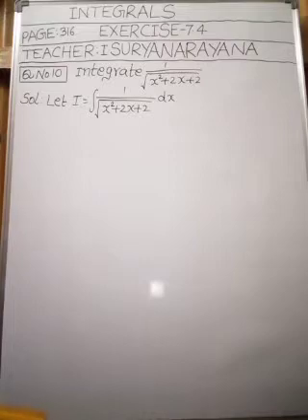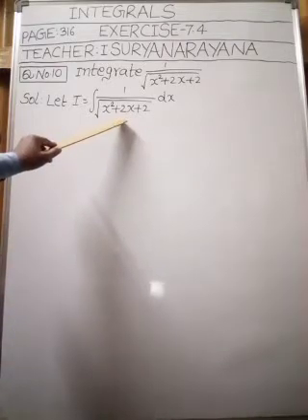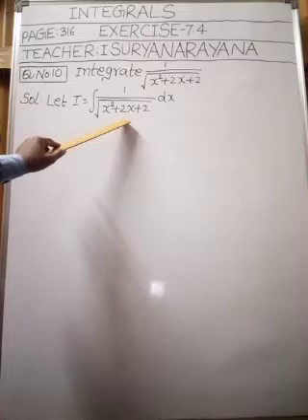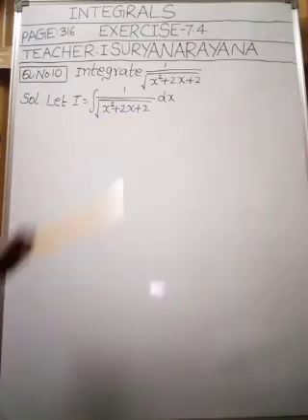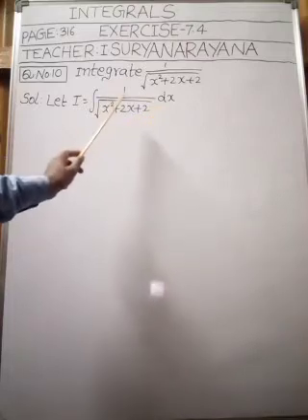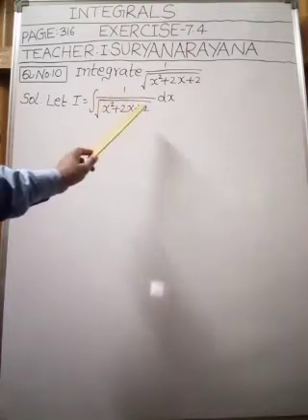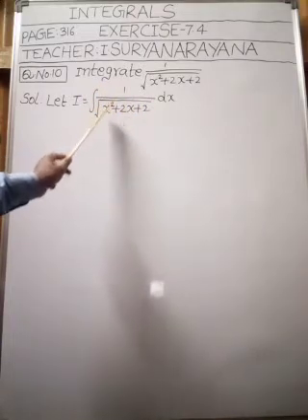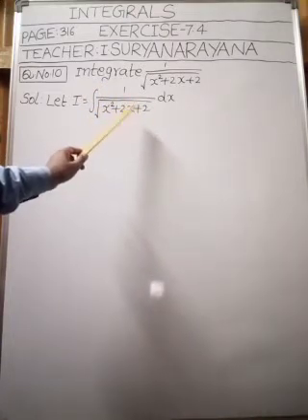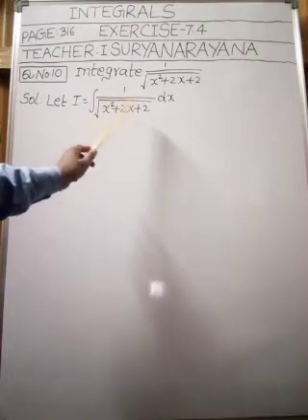So we have to convert this function into any one of the standard integrals: 1 by x square plus a square, or 1 by x square minus a square, or 1 by a square minus x square, or 1 by root of a square plus x square, or 1 by root of x square minus a square.